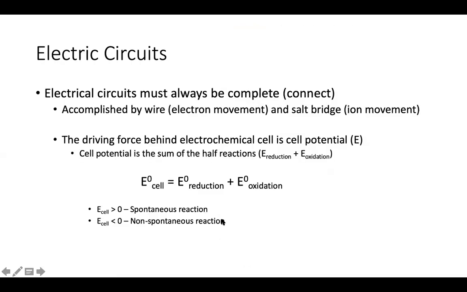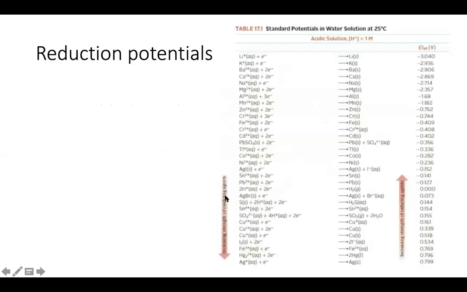Now right here, I said that the E naught of the cell, our standard cell potential, is equal to our reduction potential plus our oxidation potential. And you'll get these values, I'm sure you saw it lots of times in lecture, from a table just like this. You'd be given this table, or at least the given reactions and their respective reduction potentials.